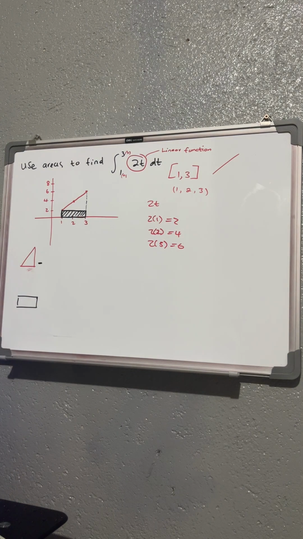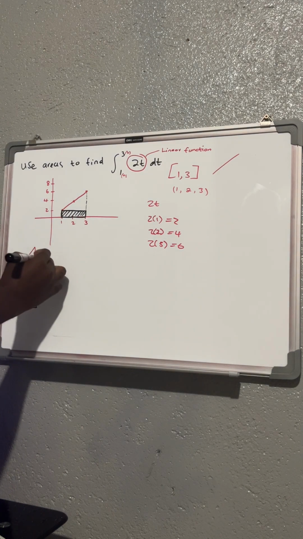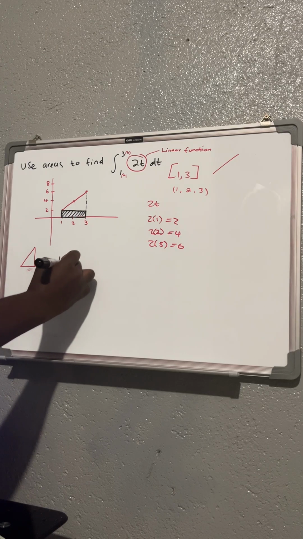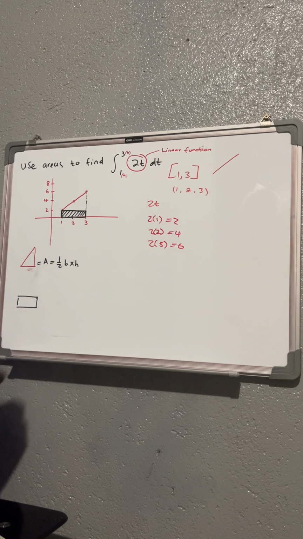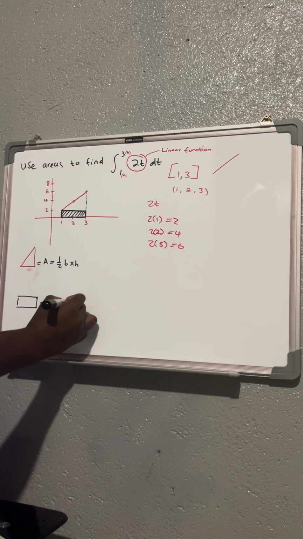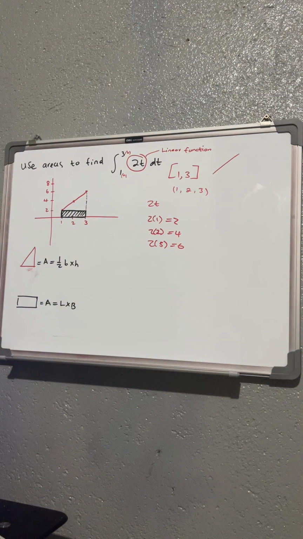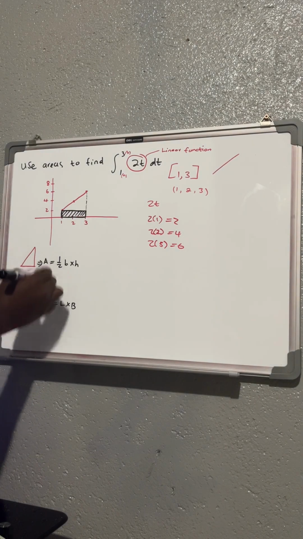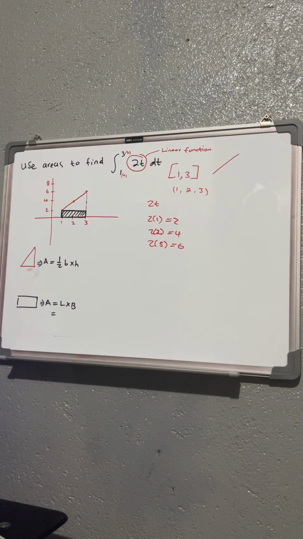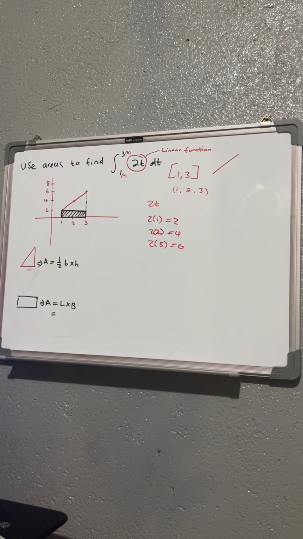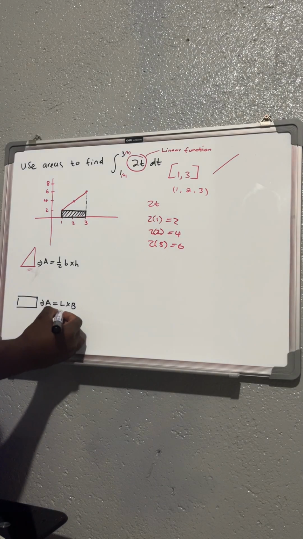Then we ask ourselves, what is the area for this one? Area is equal to half base times height. And the area for this one is your length times your breadth. Let's start with the easier one, which is this one. What is the length? The length is from here to here, and that would be your 2.